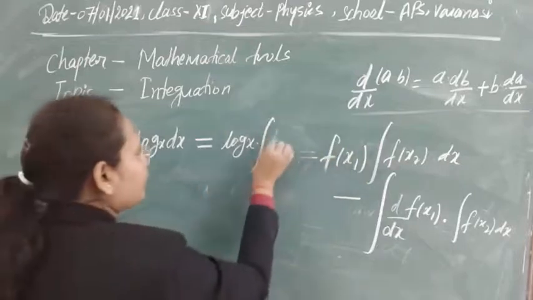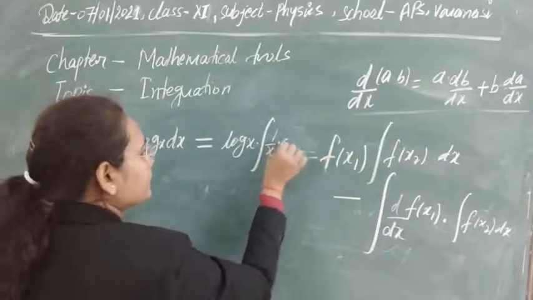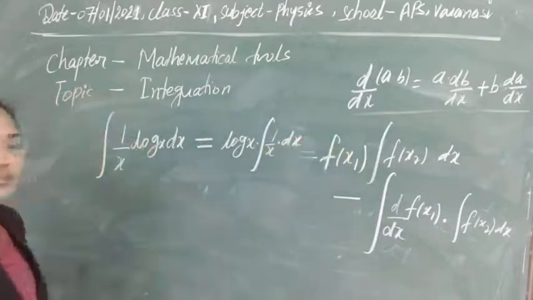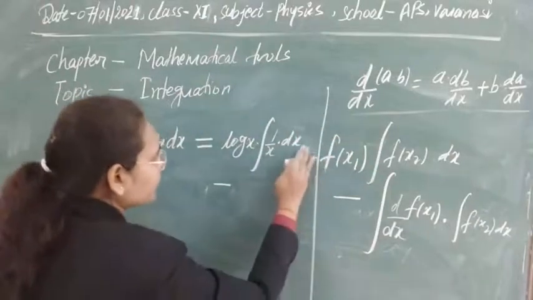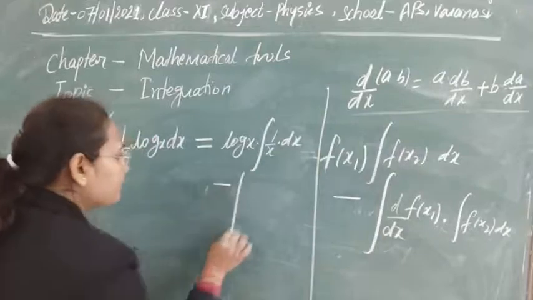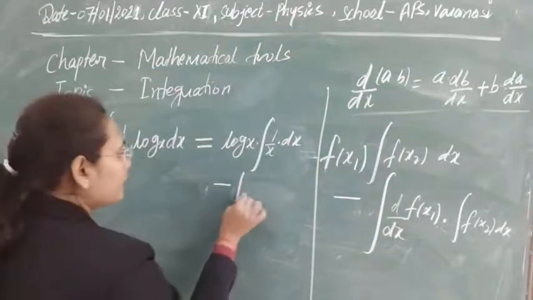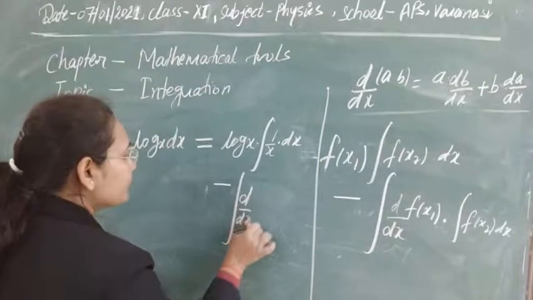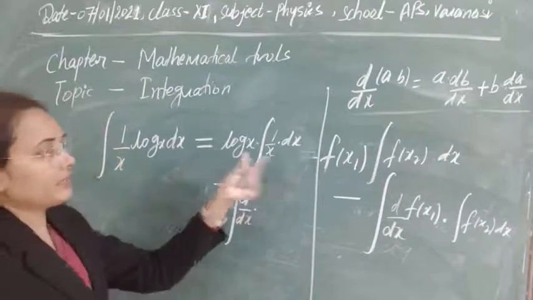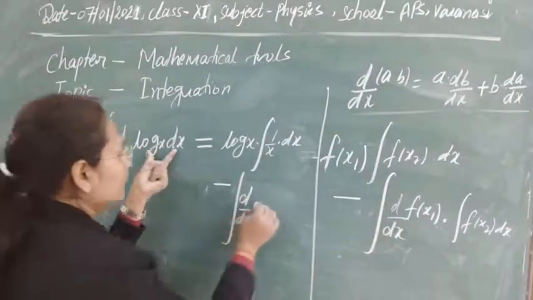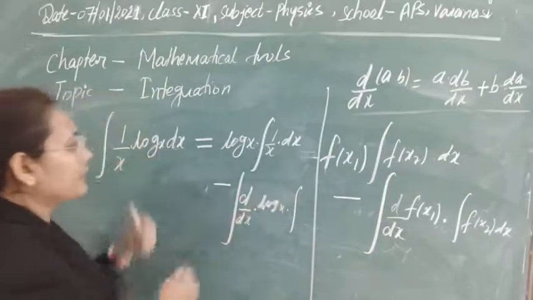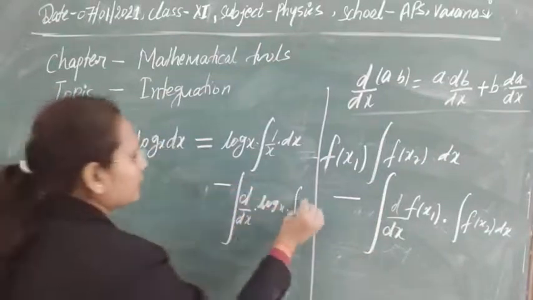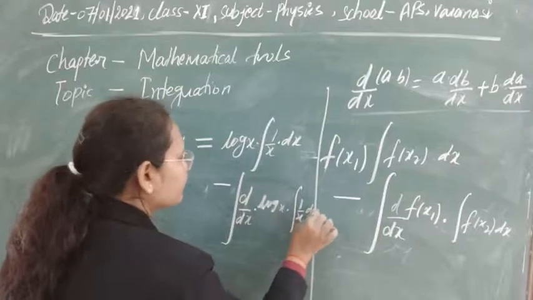Then you have to integrate 1 by x with respect to dx, minus the integration of the differentiation of the factor you have taken outside, that is log x, and the integration of the second factor again, 1 by x dx.